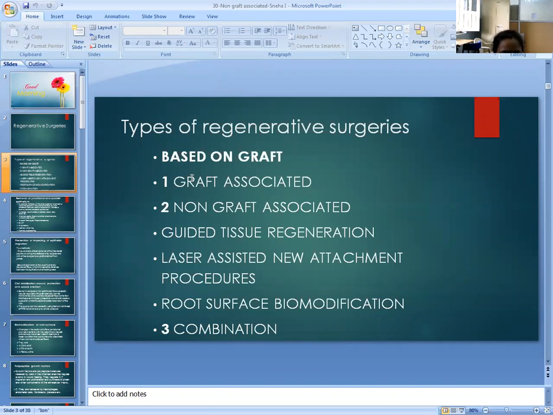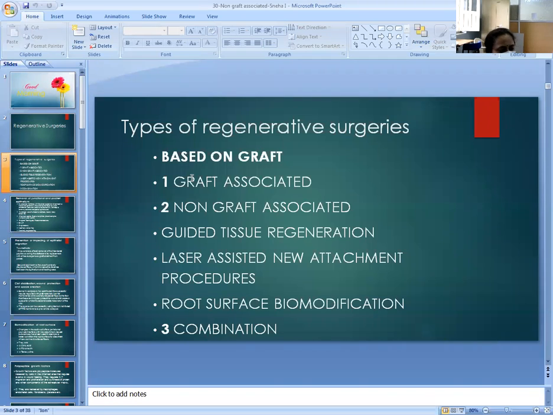Graft associated technique means where you use bone graft during your regenerative surgical procedure. Sometimes you are not using bone graft but other procedures like guided tissue regeneration, laser assisted procedure, root surface biomodification, or some growth factors; then they are called non-graft associated.